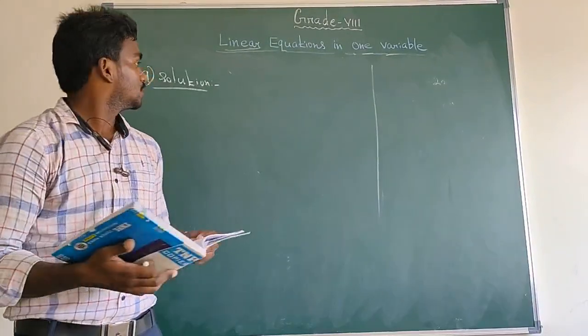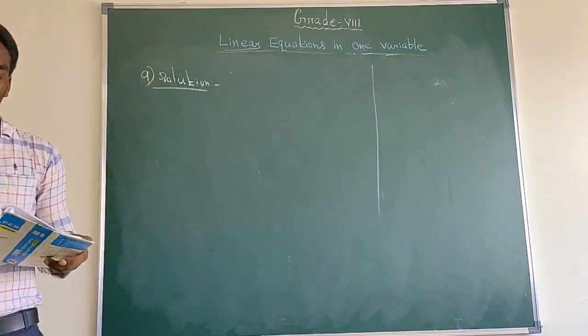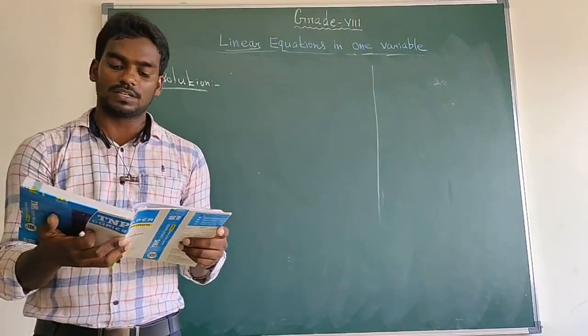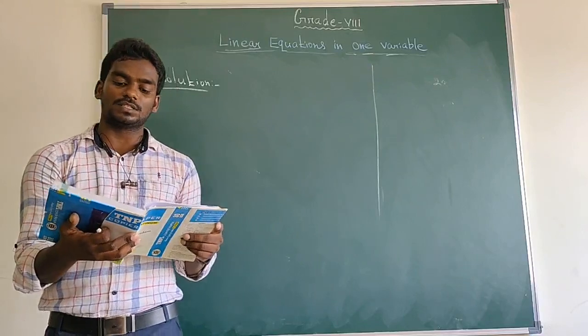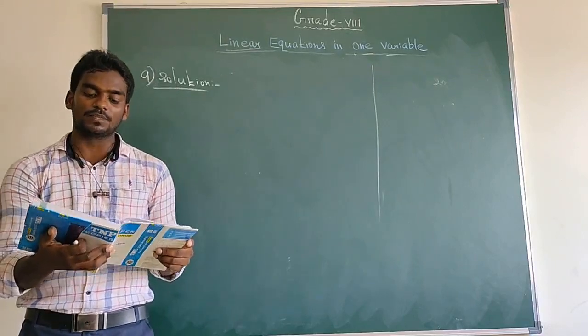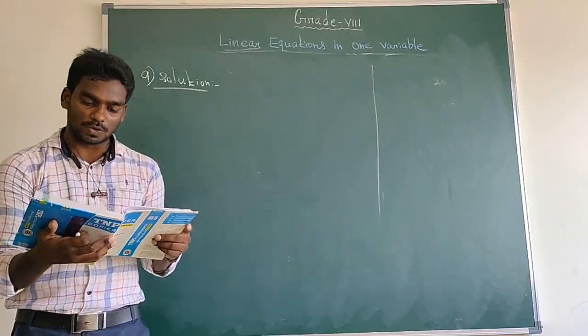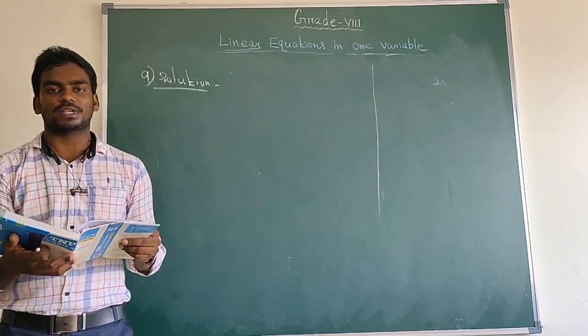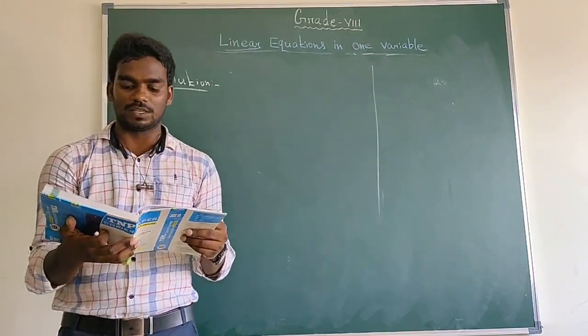So next, our ninth question is: a grandfather is 10 times older than his granddaughter. He is also 54 years older than her. So we want to find the present ages of the granddaughter and grandfather.